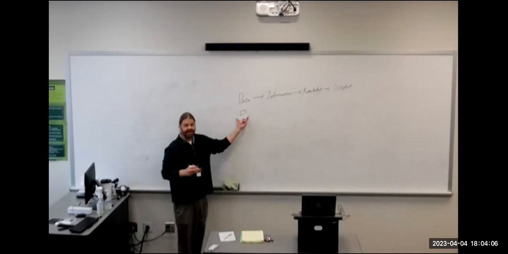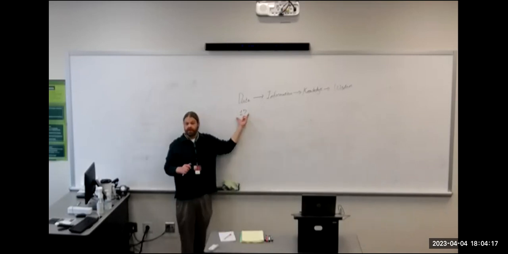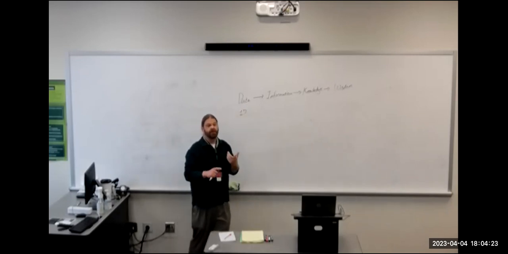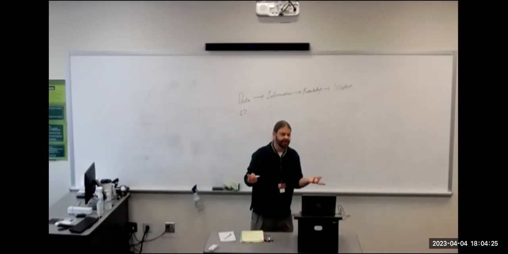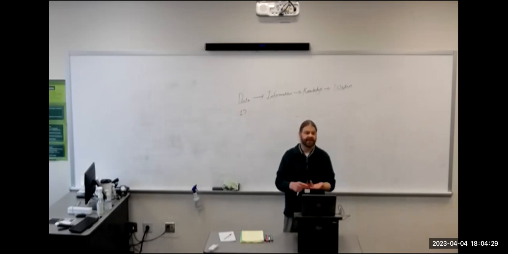17 is a raw number. There's lots of things we could do with the number 17. And at this point, we don't even know if it's a cardinal or an ordinal number, or a nominal number. There's 3 types of numbers. Cardinal is the ones we do math with, so we normally think of those. Ordinal is the order, first, second, third.